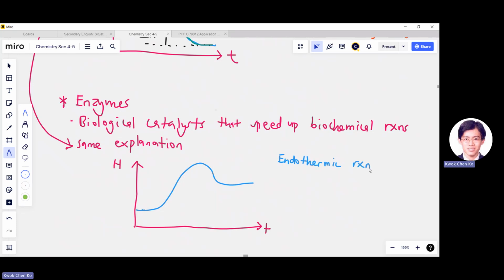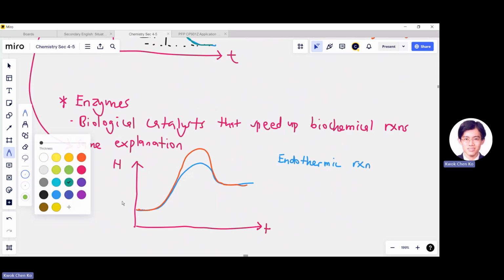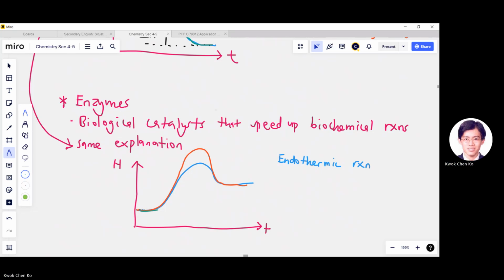I'm not going to label everything. They will draw a few different curves for you, maybe three. Usually they'll go for three.